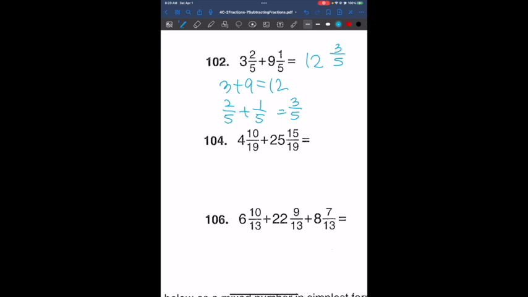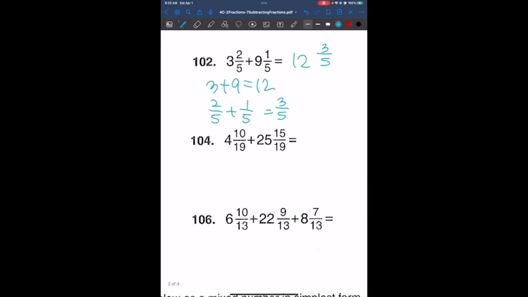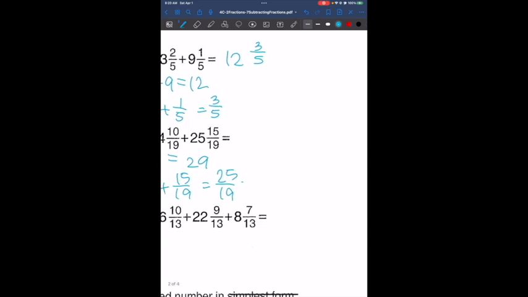And so if we solve problem 104, we're first going to add the whole numbers. So we get 29, and then we're going to add our fractions. So that's going to be 25 over 19. And we can write this as 19 over 19 plus 6 over 19. So that's going to be 1 plus 6 over 19.